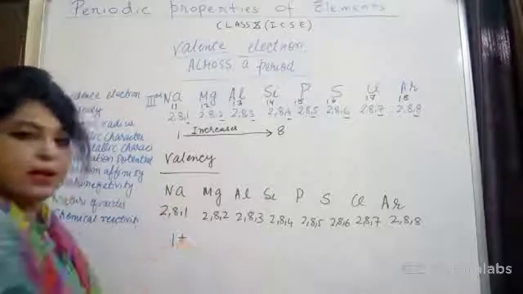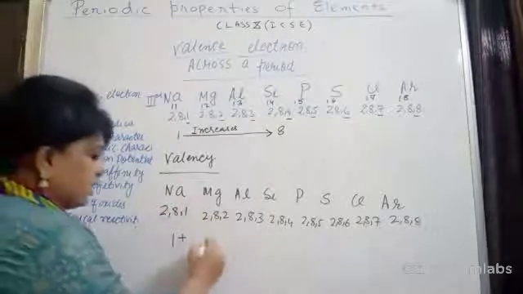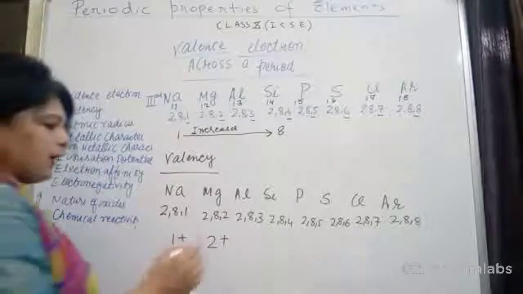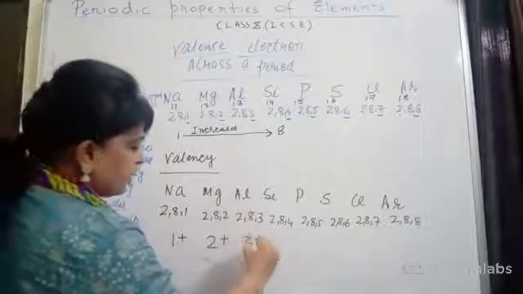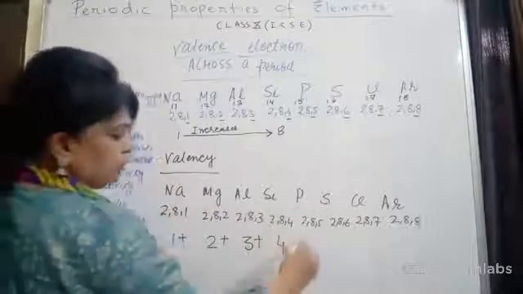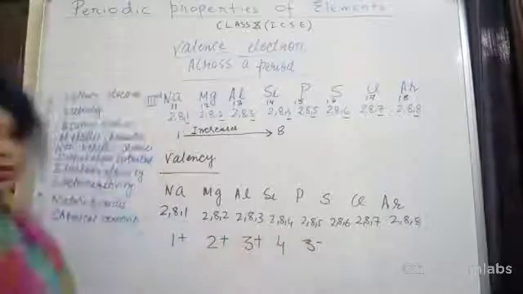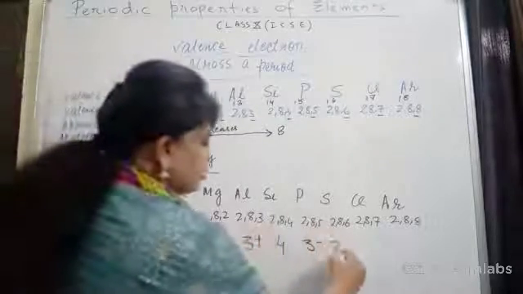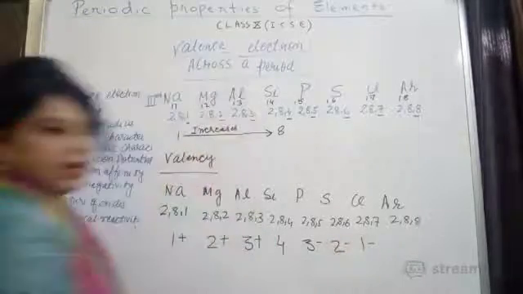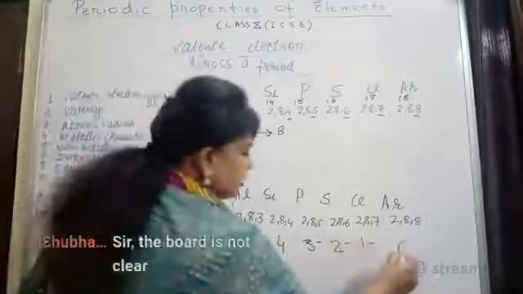Sodium represents 1 plus valency, magnesium represents 2 plus valency. Is it visible? Then aluminium shows 3 plus valency and silicon 4. Then phosphorus is 3 minus valency, sulfur is 2 minus valency, chlorine is 1 minus valency and argon 0.